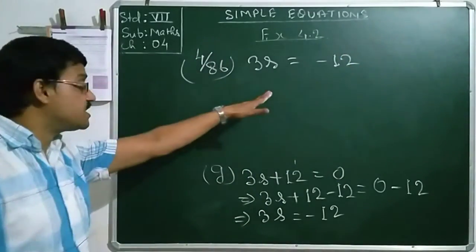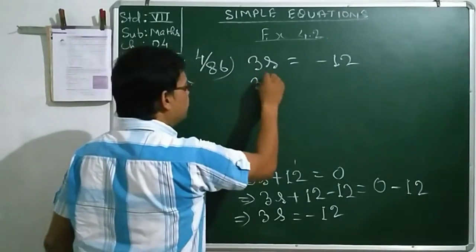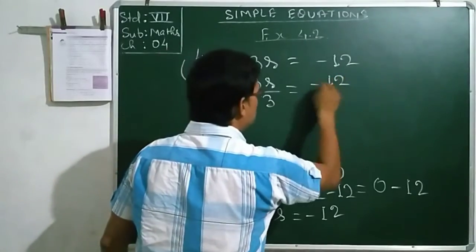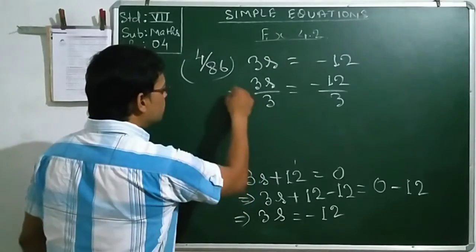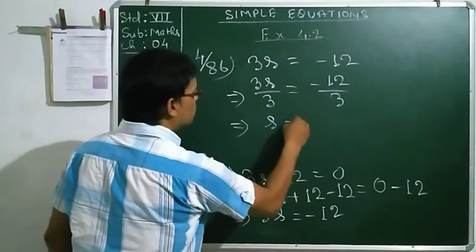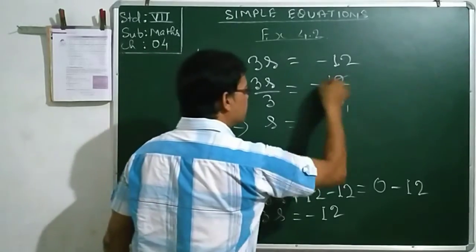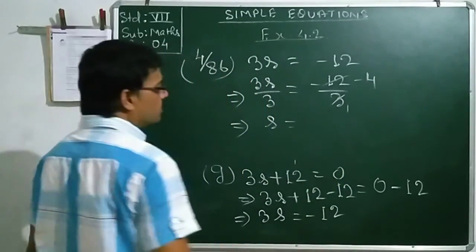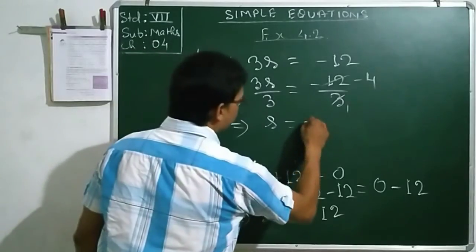To separate this s from 3, we will divide this term by 3 and the RHS will also be divided by 3. The next step will be s equal to 3 1s are 3 and 3 minus 4s are minus 12. So s equal to minus 4.